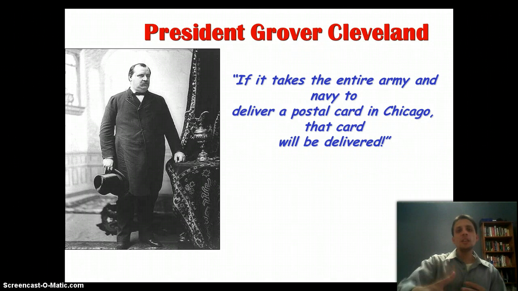So what you see here is that the government is on the side of the business owners to a large extent during the Gilded Age. It's going to change later during the Progressive period, where it's going to be more balanced between labor and the industrial owners.